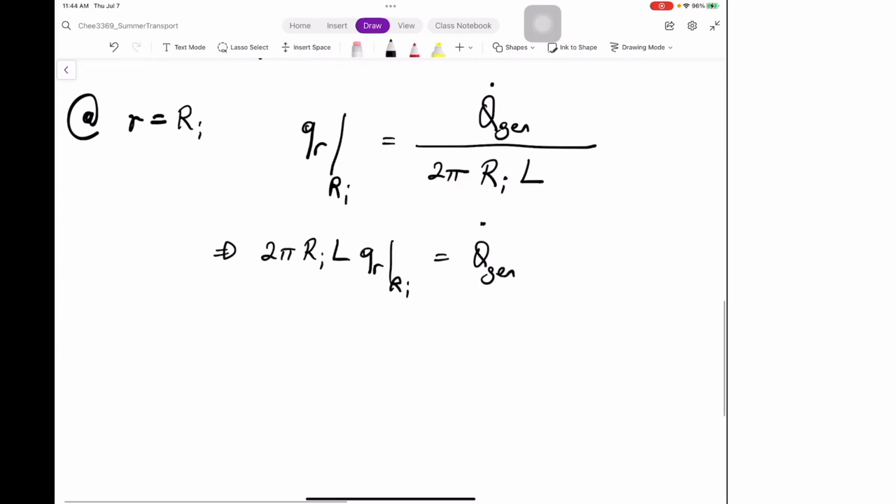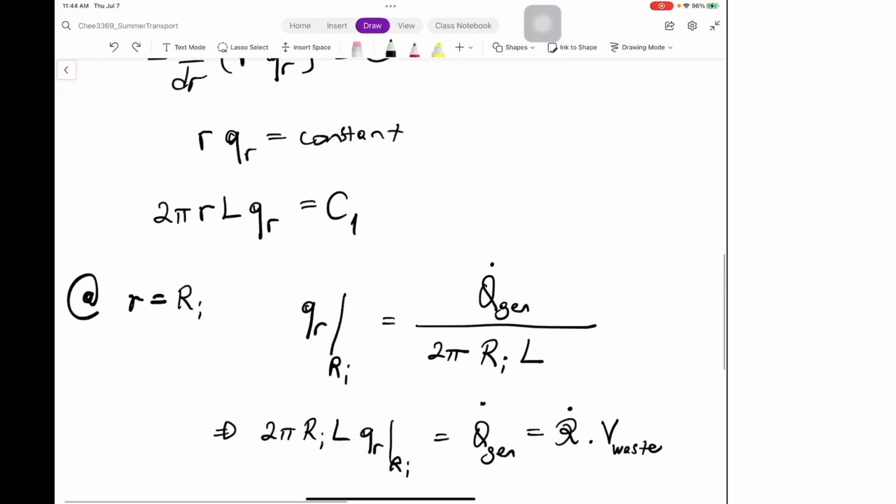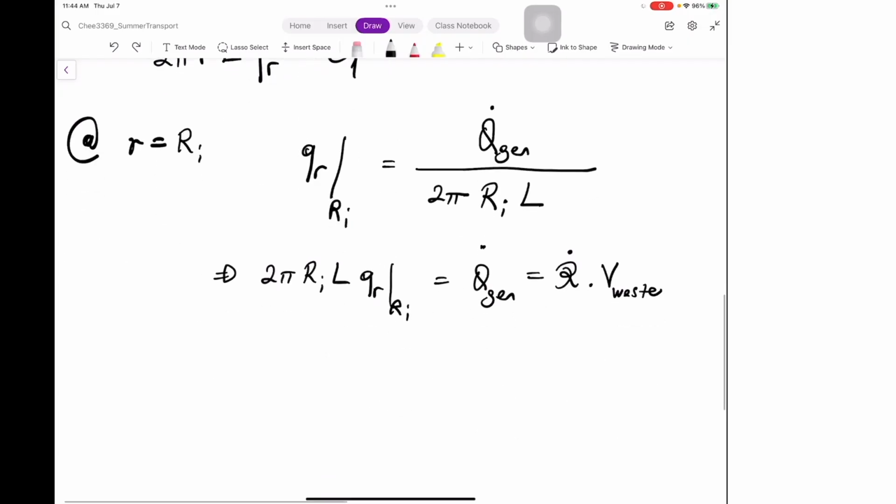But the Q generation is nothing but the uniform volumetric heat generation rate times the volume of the waste, right? And the left-hand side is nothing but this term being evaluated at R_i: 2 pi R L q_r evaluated at R_i.